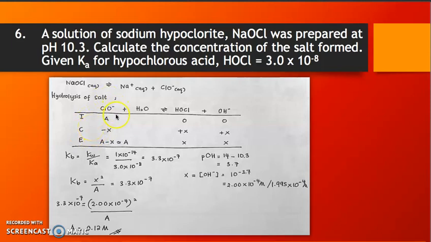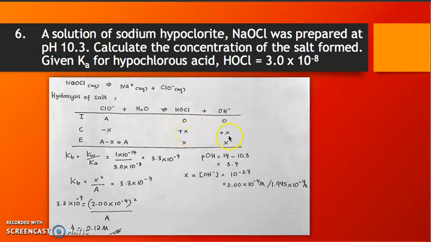We know when there is a change, it will reduce for the reactant, and for the product it will gain. That's why the X here is a positive X, because the coefficient here is also 1, and you plus X for the product.